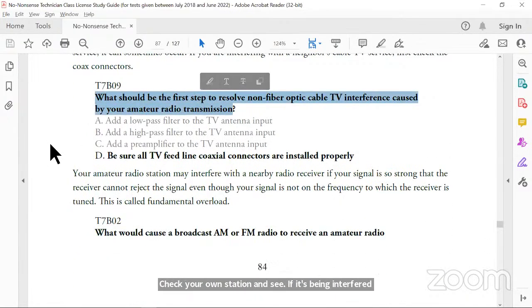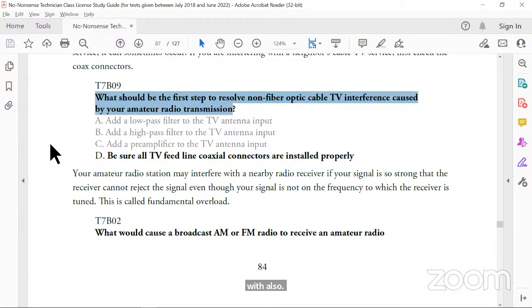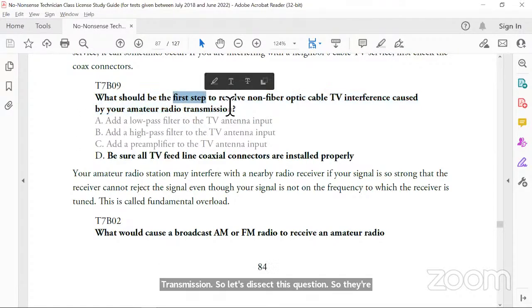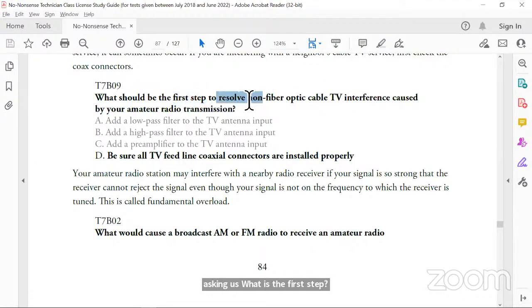All right. What should be the first step to resolve a non-fiber optic cable TV interference caused by your amateur radio transmission? So let's dissect this question. So they're asking us, what is the first step? But first step to do what? Resolve. Resolve what? Interference. But interference of what? Non-fiber optic cable TV.